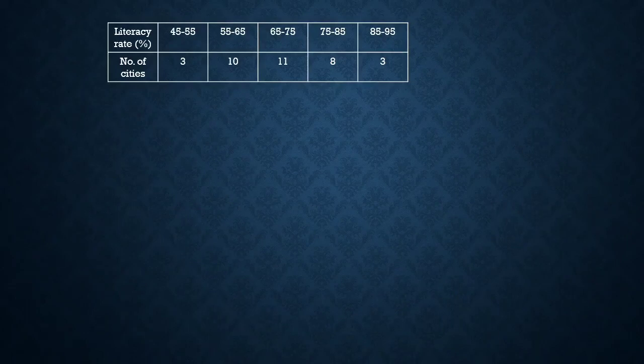So in the last question of the exercise, the following table gives the literacy rates in percentage of 35 cities. Find the mean literacy rate. So this table has literacy rates in percentage of 35 cities. If you add all the frequencies, your sum must be equal to 35.